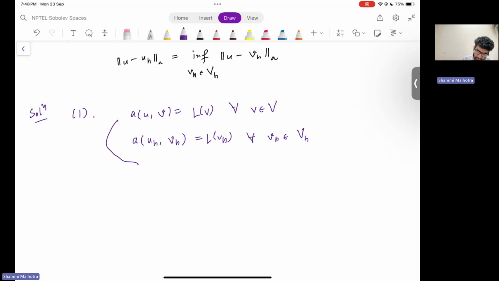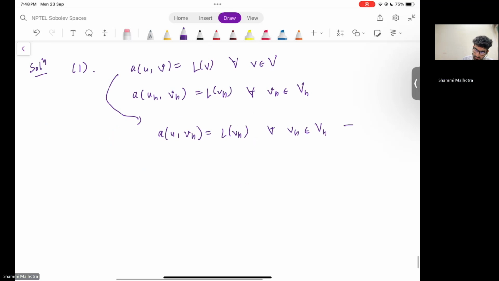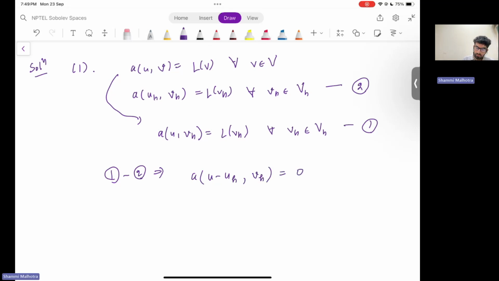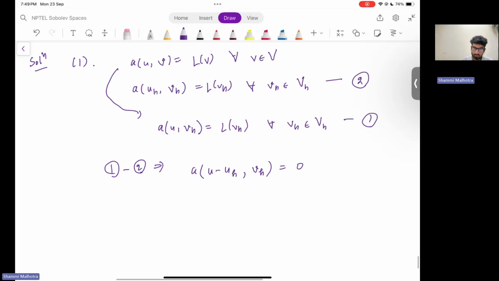Now this implies that a(u, v_h) equals L(v_h) for all v_h in V_h, since V_h is a subspace of V. If I name this 1 and this 2, then 1 minus 2 implies a(u minus u_h, v_h) is nothing but 0. So this is a direct consequence.